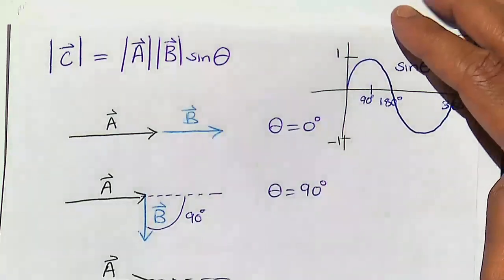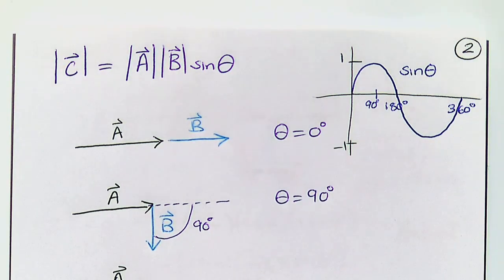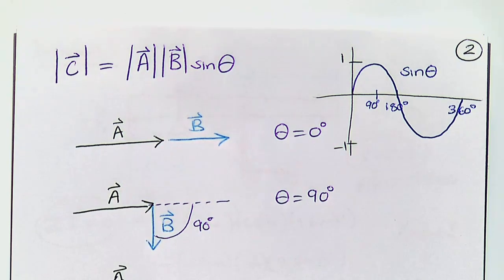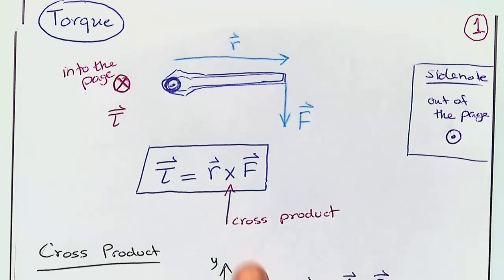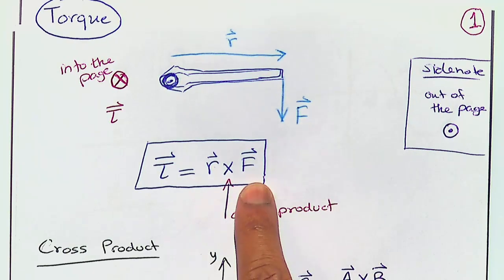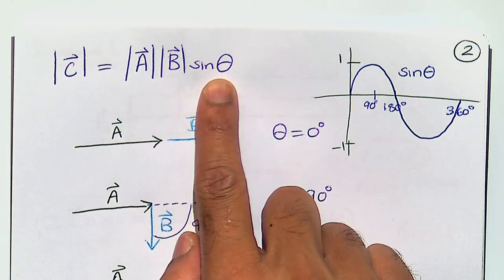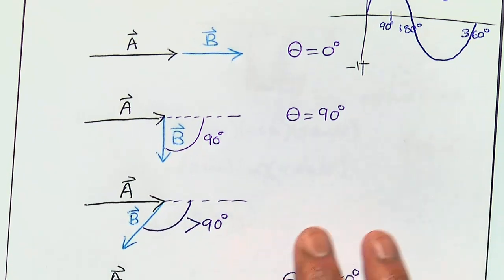To do that you have to use this. If you want to know the magnitude of the cross product, it's the magnitude of A times the magnitude of B, meaning whatever the first two vectors were, times sine, because it is quantifying how perpendicular these vectors are.